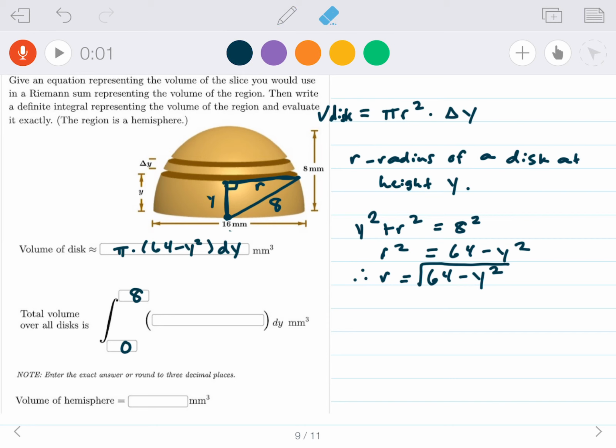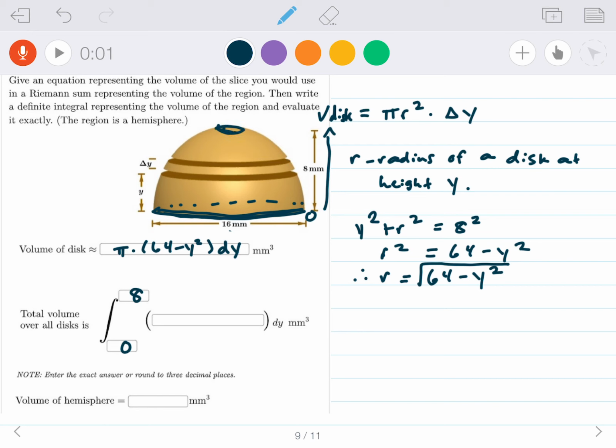Let me try to illustrate this here. We're starting at the very bottom of this, with a very, very small thickness, and we're starting from 0 and moving up all the way till we get to the very top.